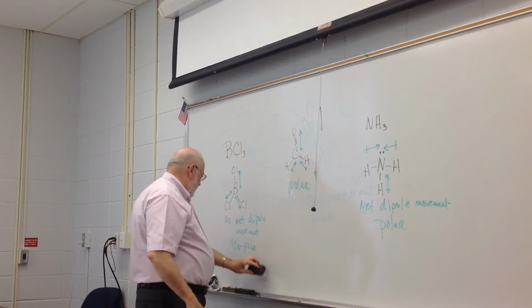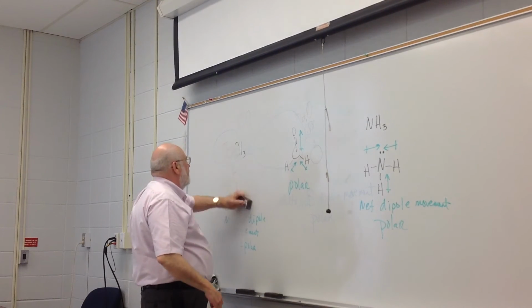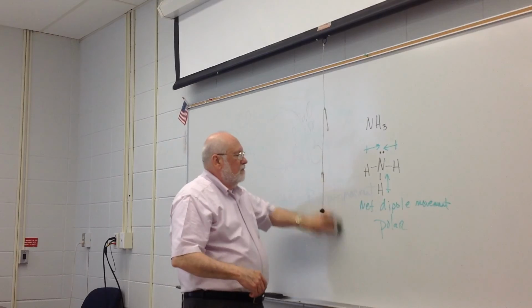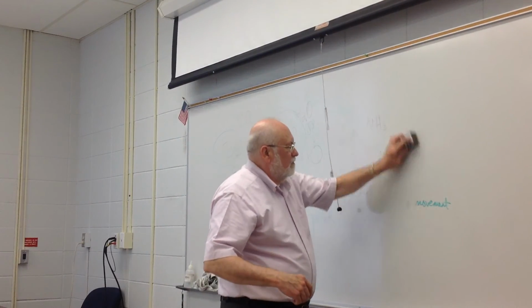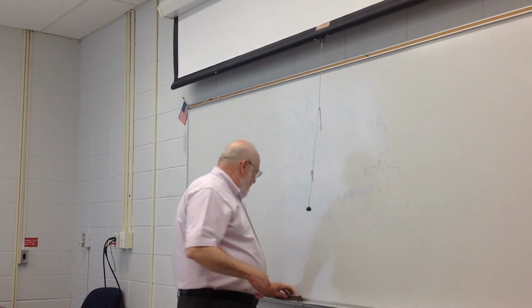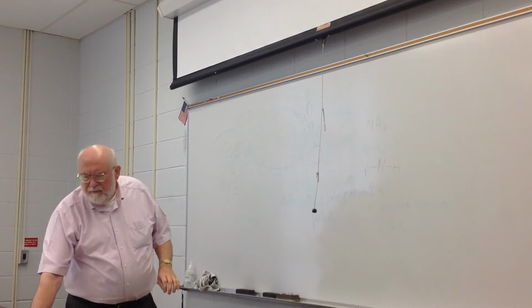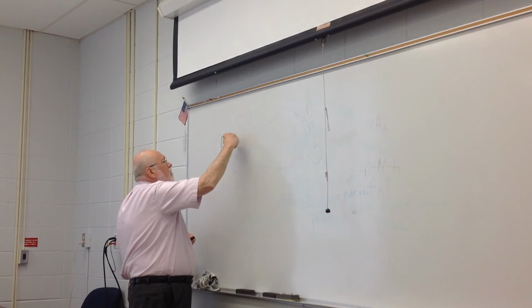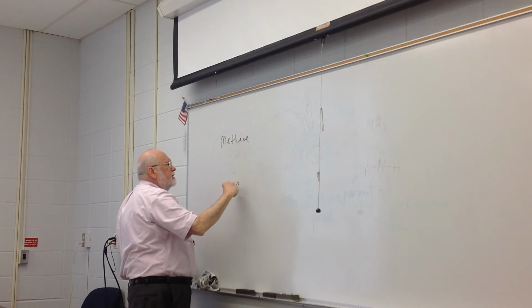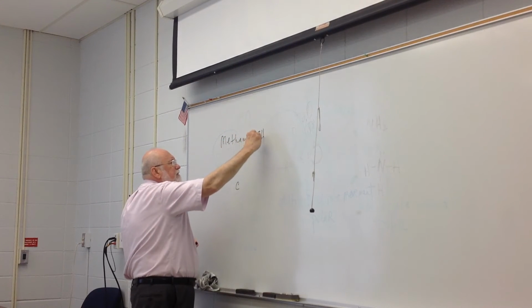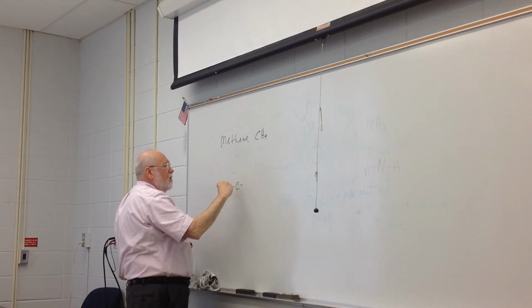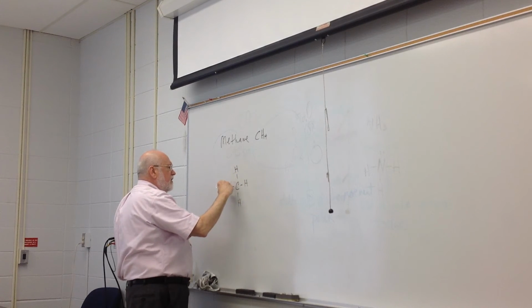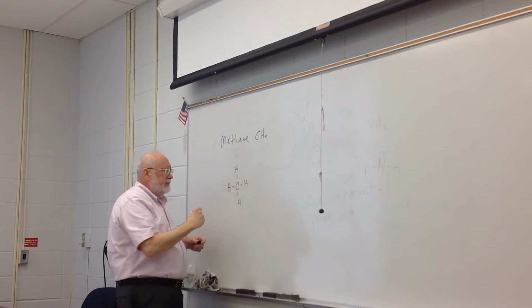All right. Now let's see. Now we had methane. And that one is the one that CH4 is the molecular formula. So we have the carbon in the center, and we have the 4 hydrogens out here on the sides.